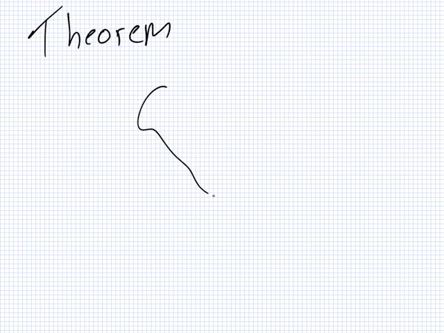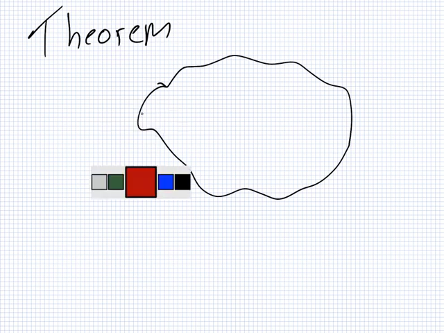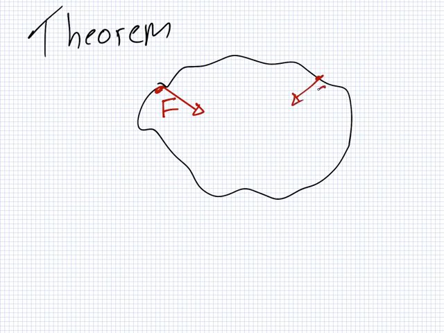So let's say we have some object and it's not moving, it's in equilibrium, and there's three forces on it. So we'll say there's one force here, we'll call this F. We'll say there's one force here, we'll call that G, and then one force here, we'll call that H, and it's balanced. And I want to prove that they all meet at the same point.